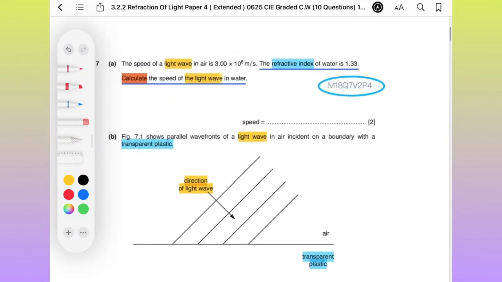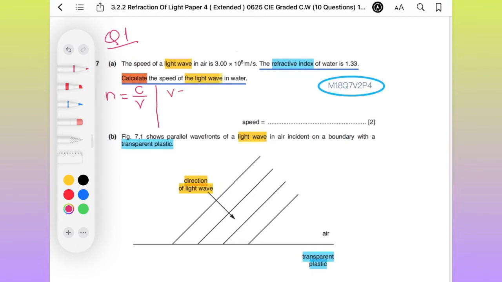Question 1 is asking you about the speed of light wave in water. The speed of light wave in air is given, and the refractive index is given. You can apply the equation that refractive index is equal to the ratio between speed of light in air and speed of light in the medium. We can rearrange first, then substitute.